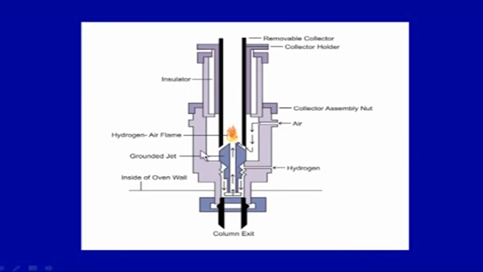If you see the very simple schematic here of the flame ionization detector, you can see there is a flame here and there is this collector assembly with a wire. What happens is as the exit material is put in this flame, it ionizes and then current is passed and the signal is recorded, and like I said, it is destructive. There is a grounded jet, hydrogen is supplied from here, and air is supplied for the flame.